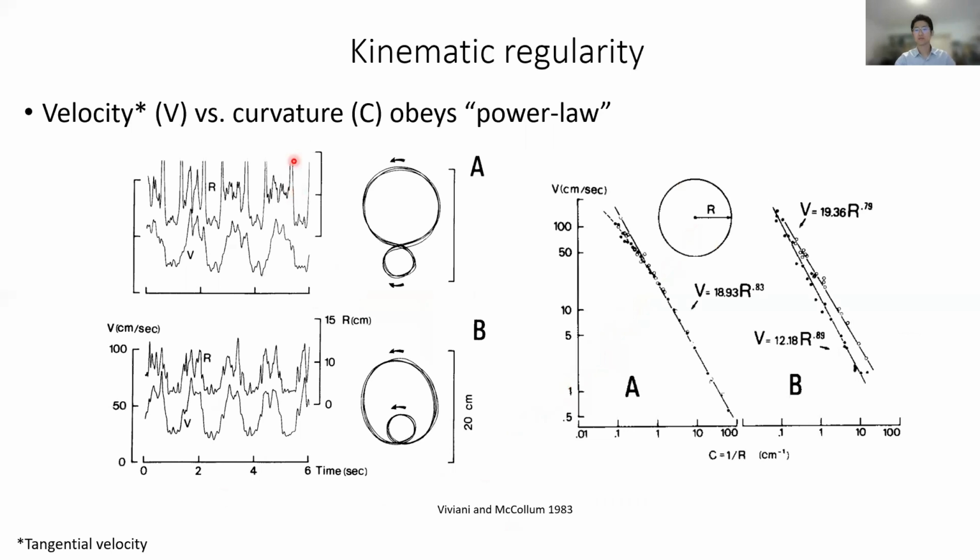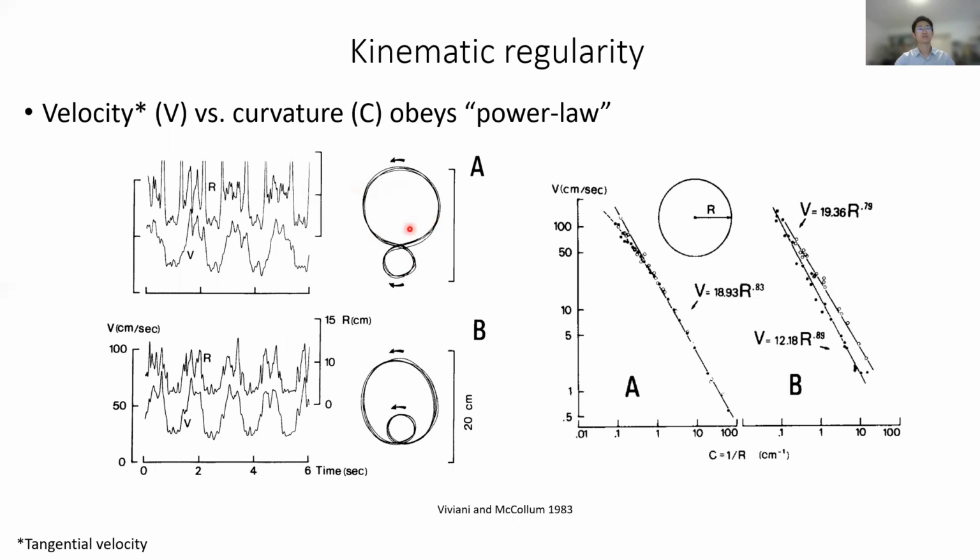Let's see another case. The second case is still about the velocity of the movement, but with respect to the curvature. Curvature, as you know, is one divided by the radius. For example, if subjects were required to move in a figure of 8, like two circles, one big circle and one smaller circle, the larger circle has a larger radius, which means a smaller curvature, and vice versa.